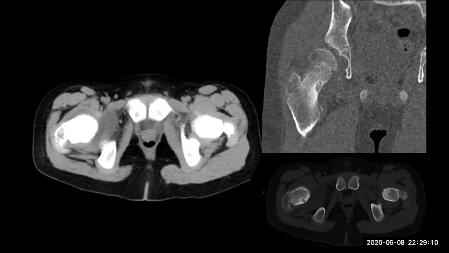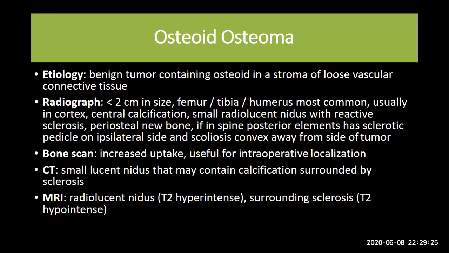But nowadays the treatment is radiofrequency ablation, CT guided. Okay.